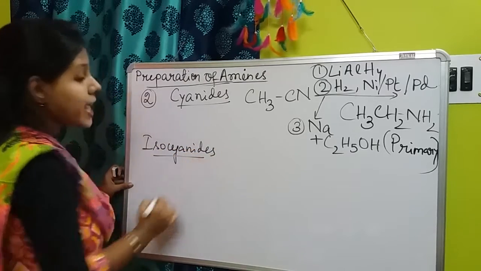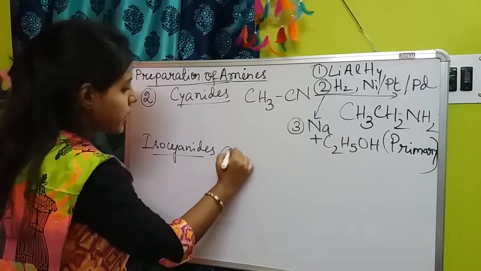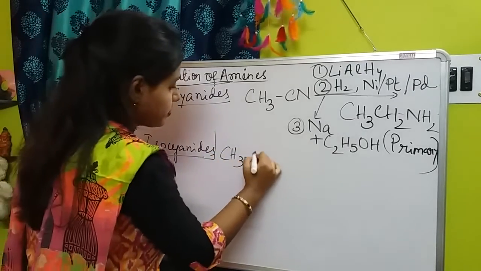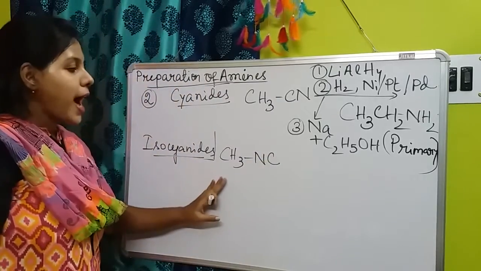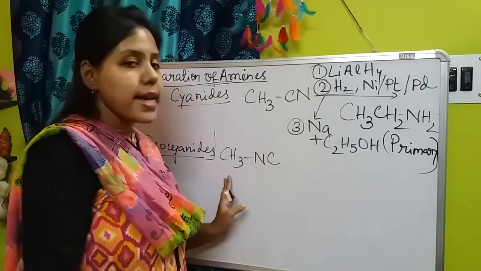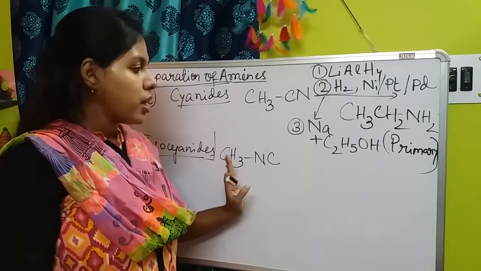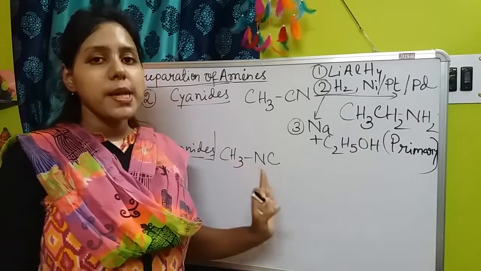Now we are going with the same type of reaction with isocyanides. Now see what will happen here. So isocyanide, that is CH3NC, methyl isocyanide. What will be obtained as a product here?